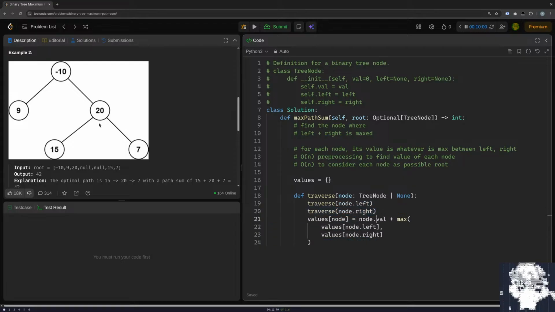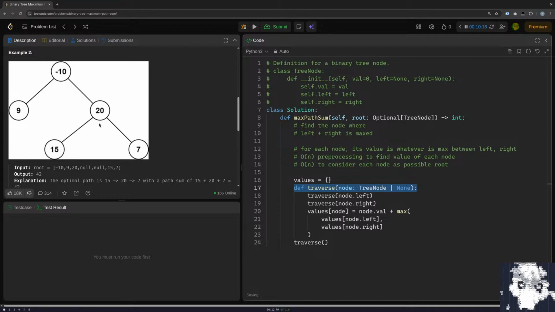Let's traverse first so that we go from bottom to top, and then we'll deal with our own values after we're done traversing. Traverse.